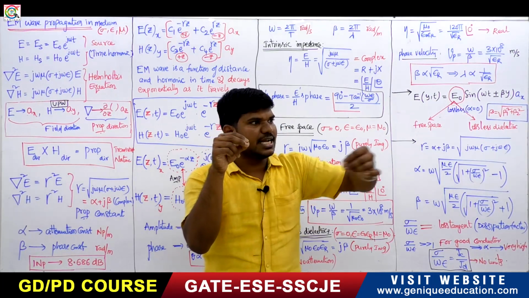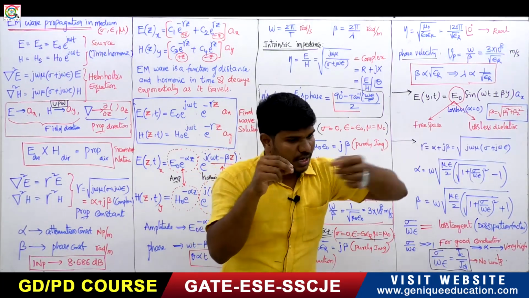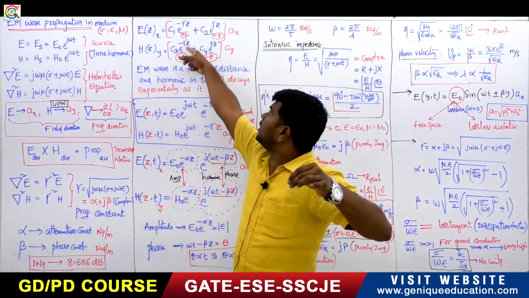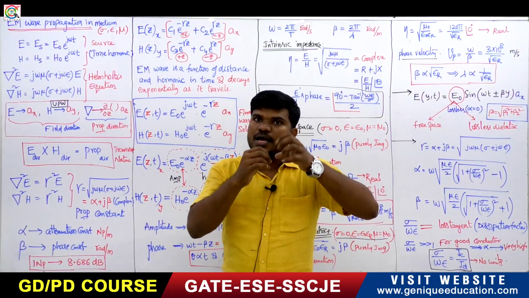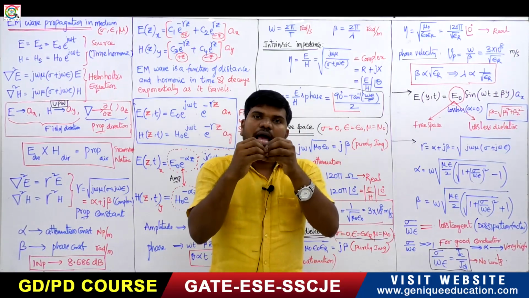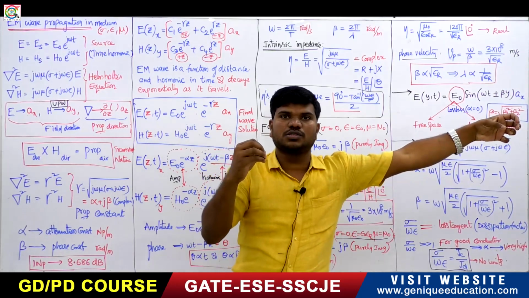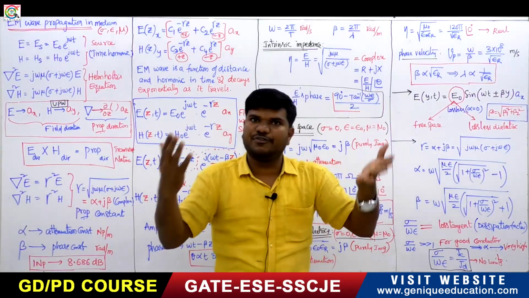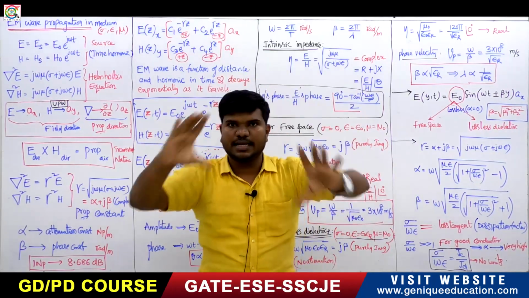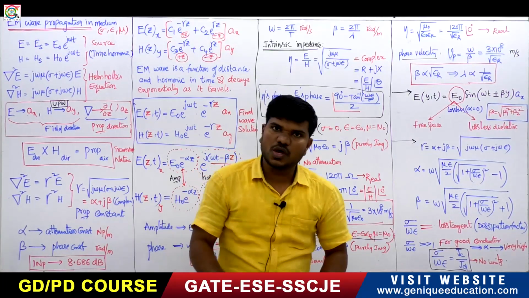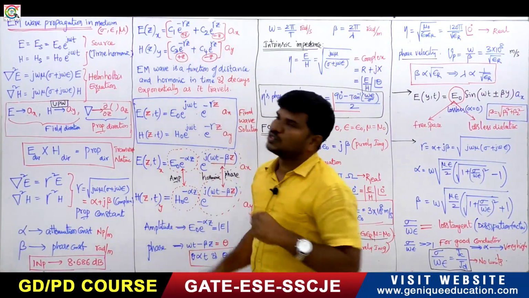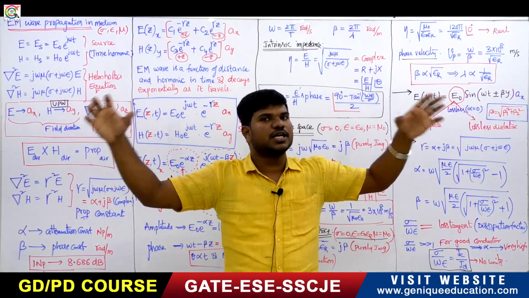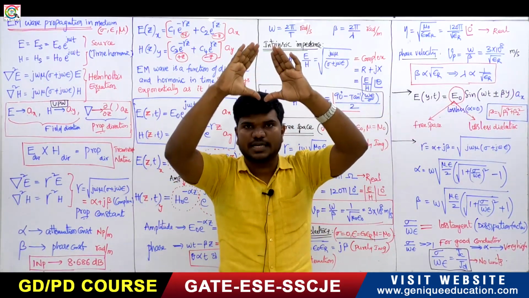As Z increases in this direction, which is the positive Z direction, and in this direction, the negative Z direction, common sense says that as you move away from the source, in either direction, the wave amplitude will definitely decay. So we should know that as we move away from the source, the wave amplitude will decay.